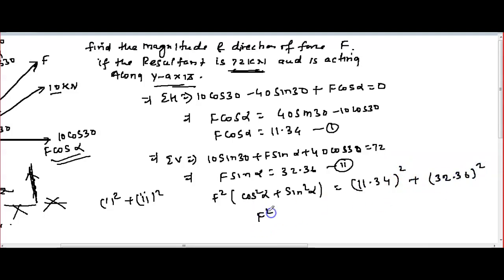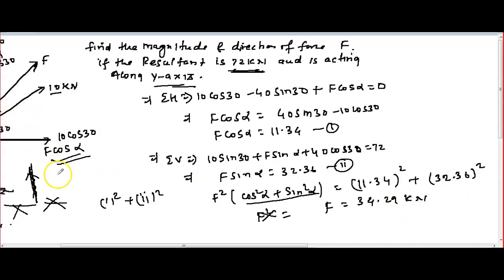Since sin square theta plus cos square theta is 1, F is equal to the square root of this. Finally, I am writing the final value: F is equal to 34.29 kilonewton. You can check in the calculator.